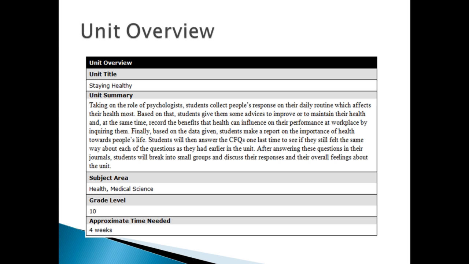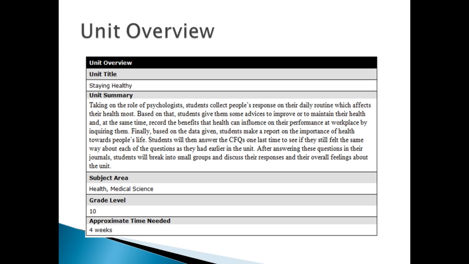So, finally, based on the data given, students make a report on the importance of health towards people's life. This will be assessed through the scoring guide and the presentation feedback rubric, which I have already mentioned before.